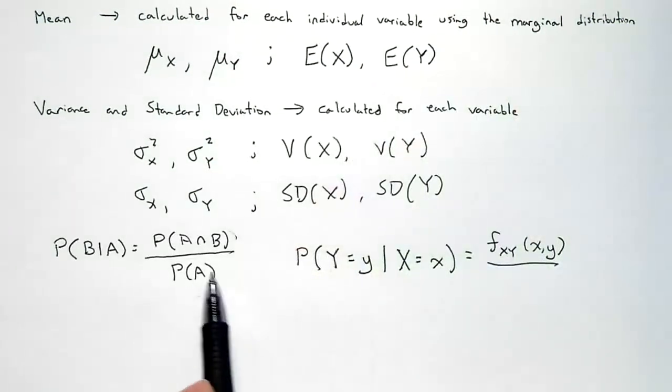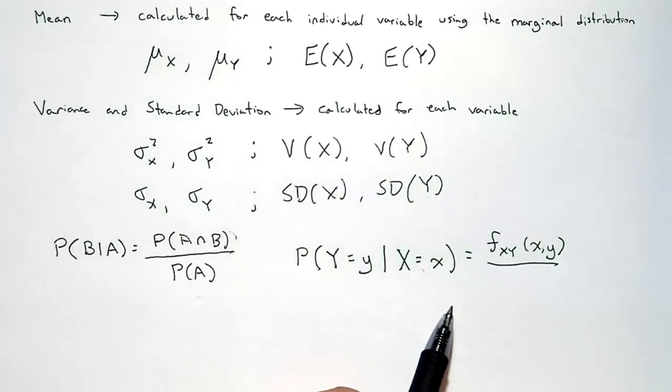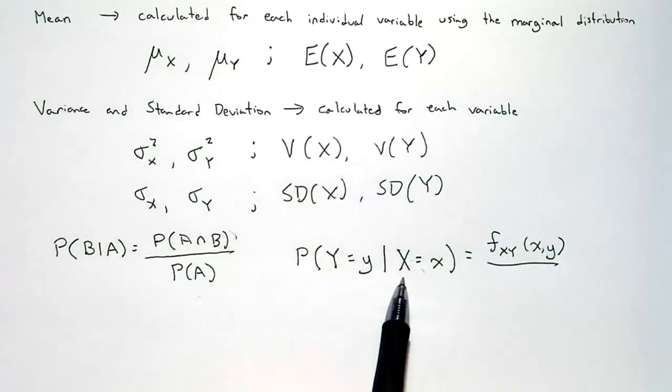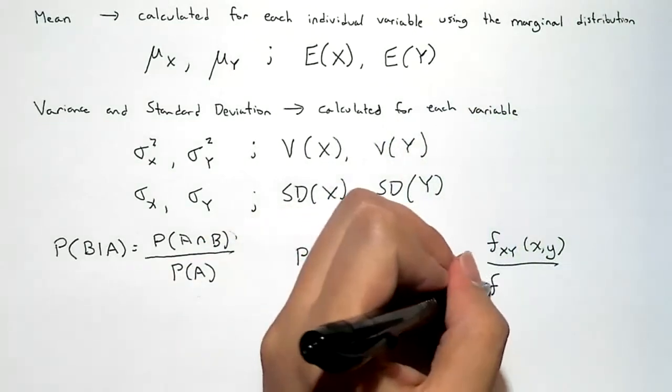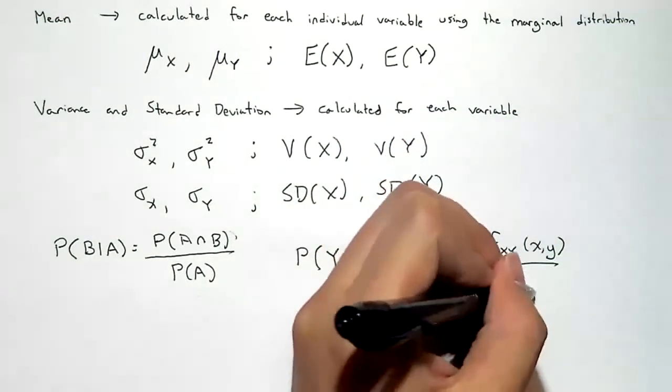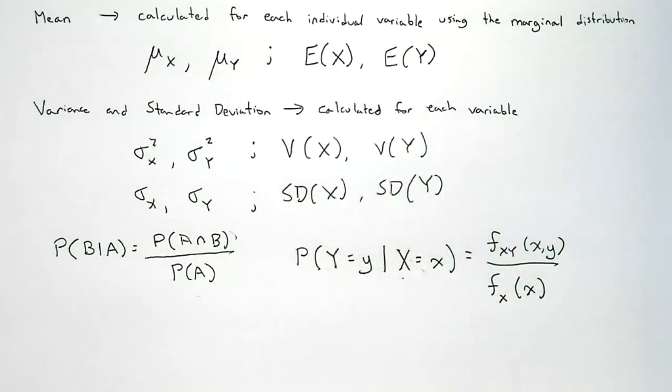But then we divide it by the probability of the first event occurring. Now the first event is just x equals x. So that probability cannot be a joint probability. It has to be a marginal probability. So we can find our conditional probability between two variables by taking the joint probability and dividing it by the marginal probability of that first value.